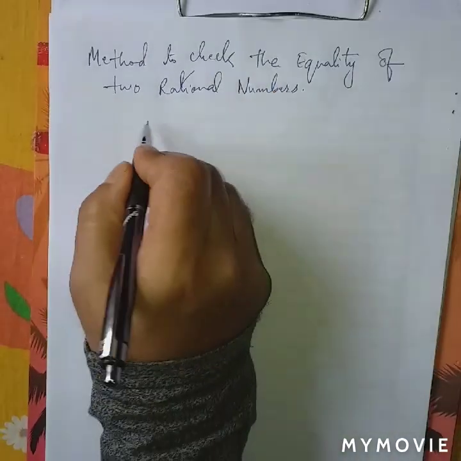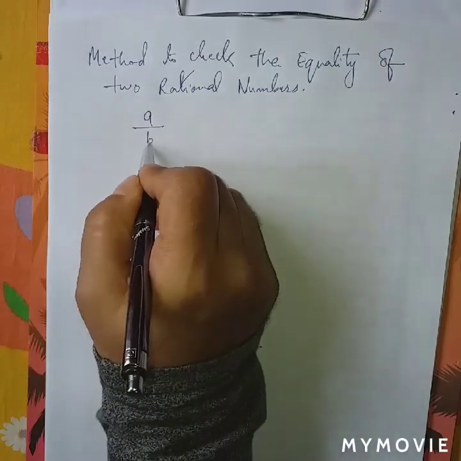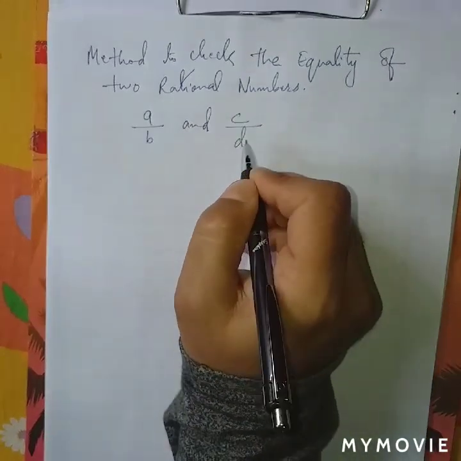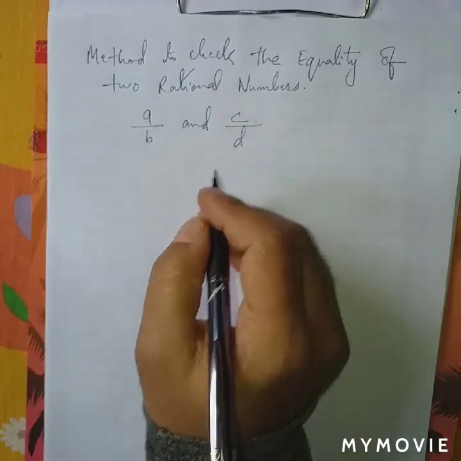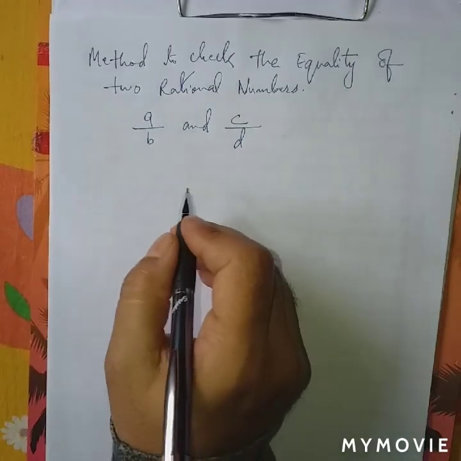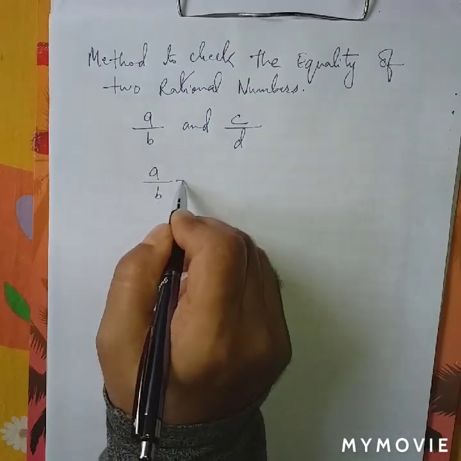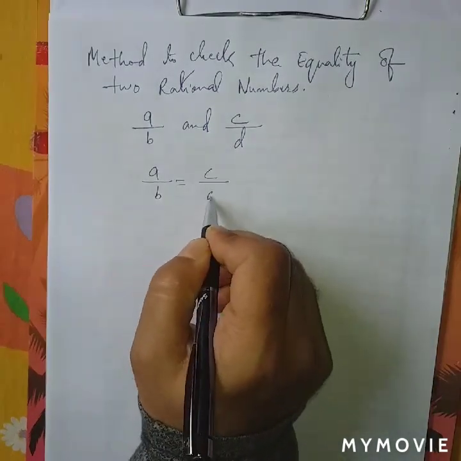Suppose we have two rational numbers a by b and c by d. Now, to check the equality of these numbers, we suppose that a by b is equal to c by d.